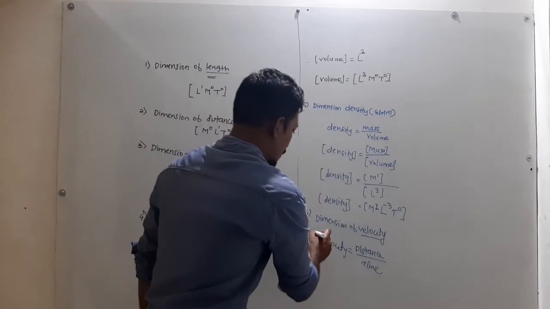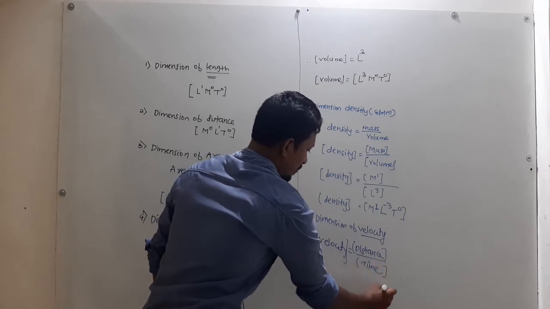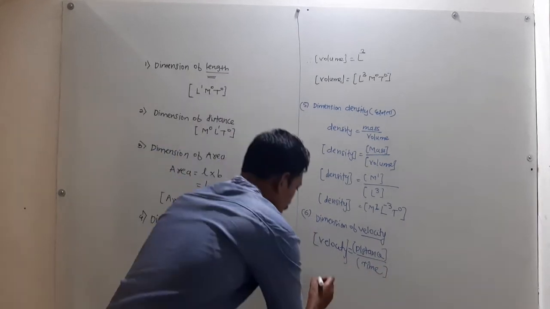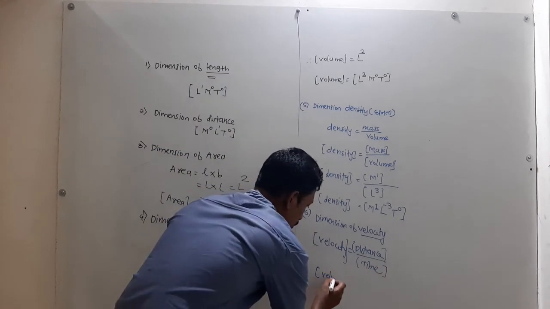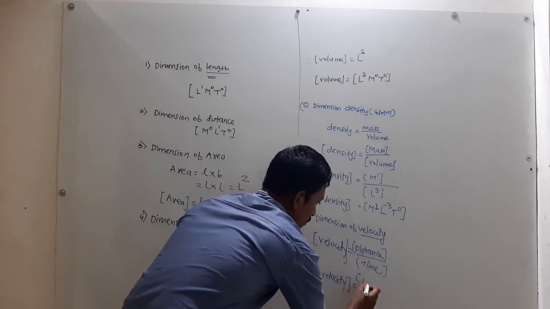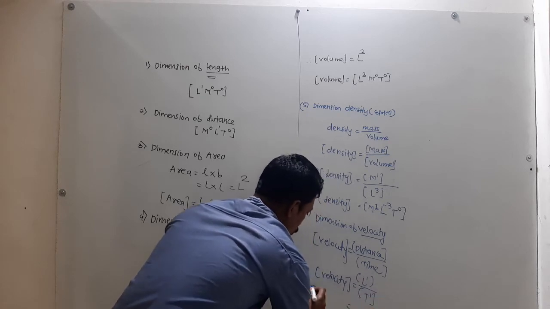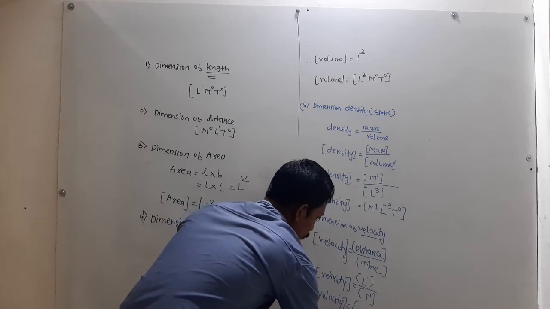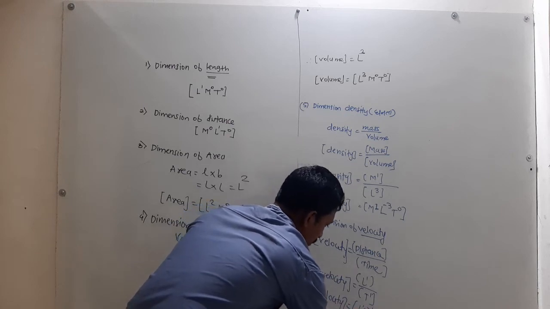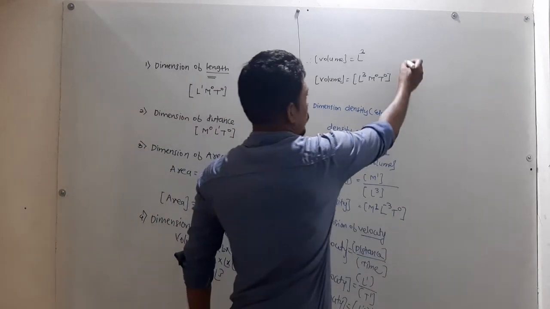Means dimension of velocity is equal to dimension of distance divided by dimension of time. That is L raised to 1 divided by T raised to 1. The total dimension of velocity is equal to L raised to 1, T raised to minus 1, right?